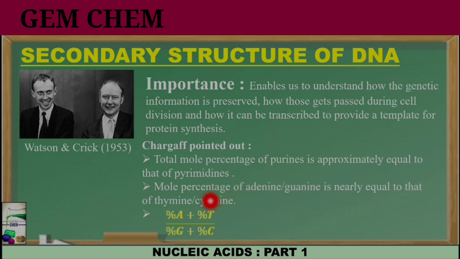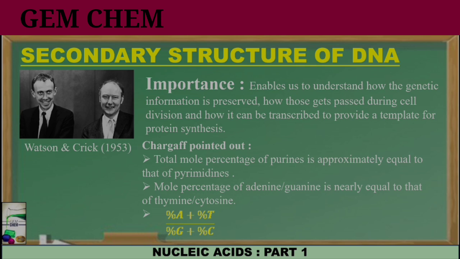And this ratio varies from species to species. This is the main characteristic of the DNA of a given species. It is the same for DNA obtained from different tissues of the same species, but once you change the organism, this particular ratio changes.